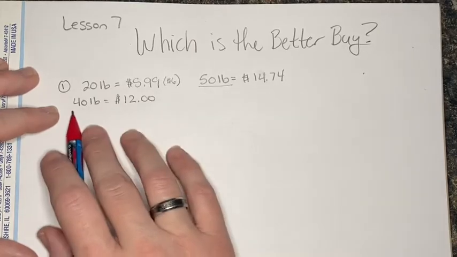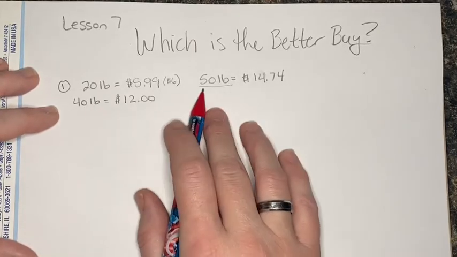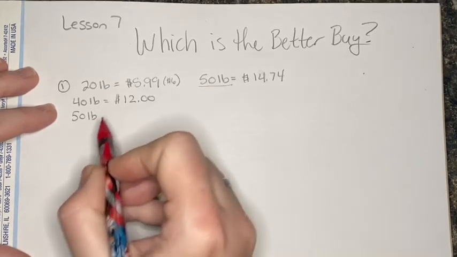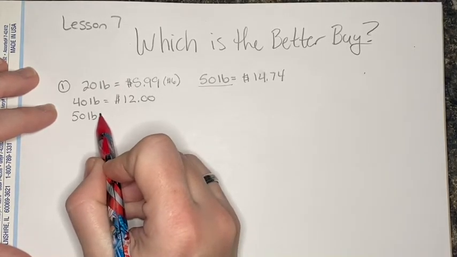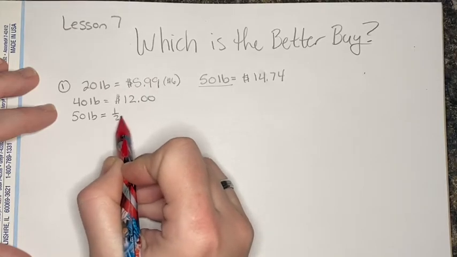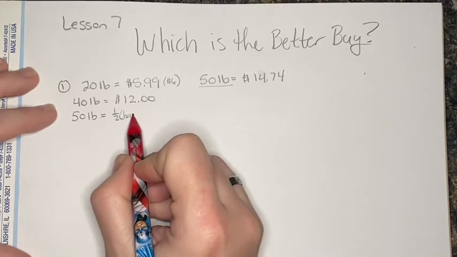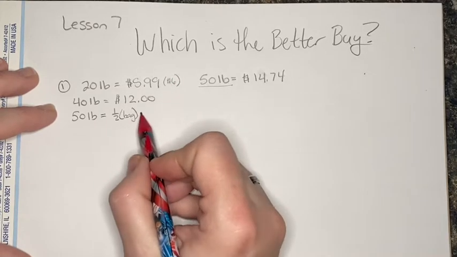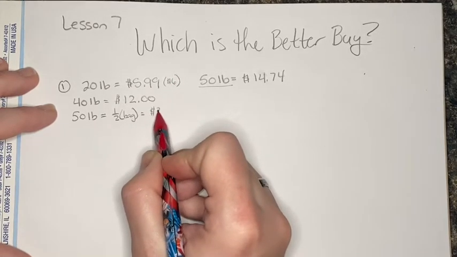We only need half more to get to 50 pounds, right? So 50 pounds of this type of dog food would mean that we would need 1/2 of a bag, right? Well, if one bag is basically $6, then a half bag would be $3 more.